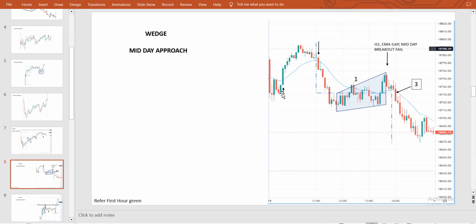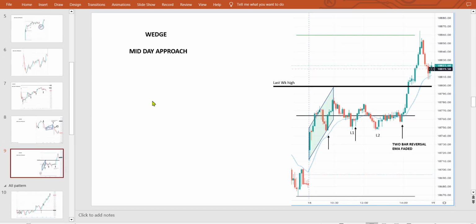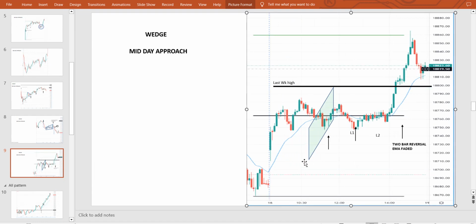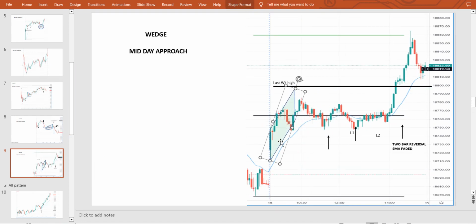In the smaller 1 minute time frame, first leg, second leg, the third leg. This is the start of the wedge, so we can consider it a wedge pattern. After seeing this bull bar, we can enter here. In today's chart, if we look closely, I didn't observe any wedge pattern.